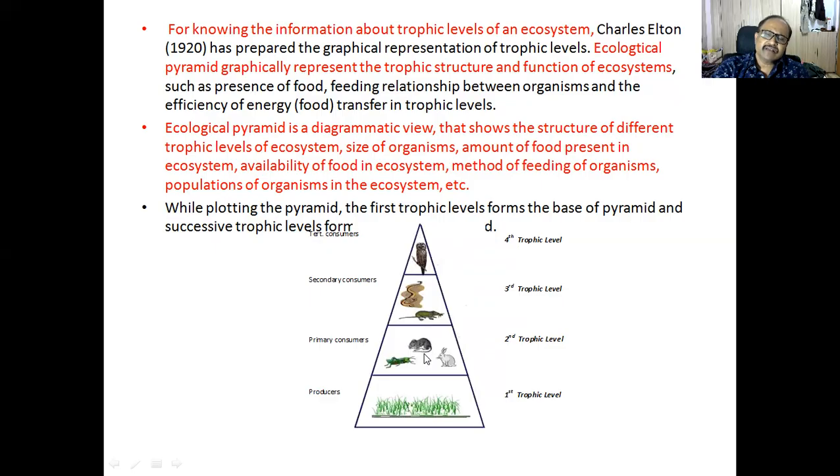Such a graphical representation of the trophic levels of any ecosystem is called the ecological pyramid. Now there are three types of ecological pyramids: pyramid of number, pyramid of biomass, pyramid of energy.